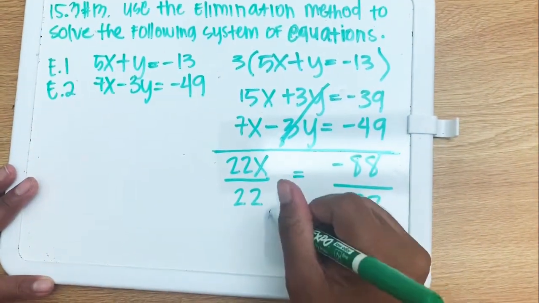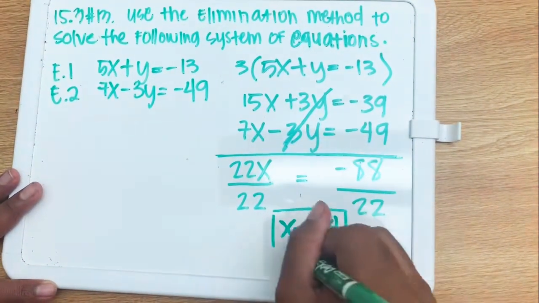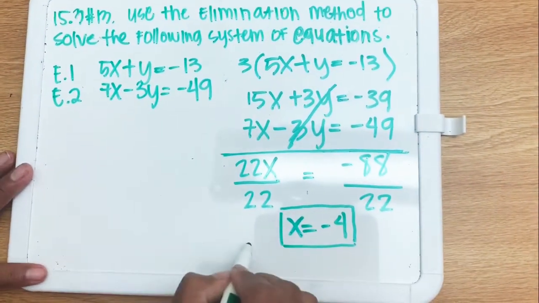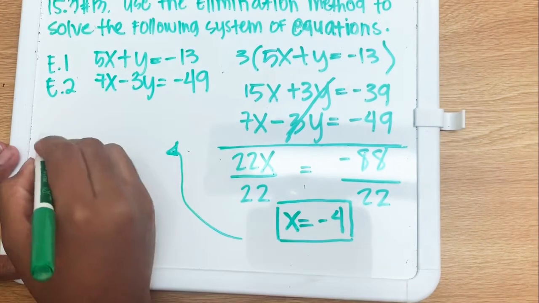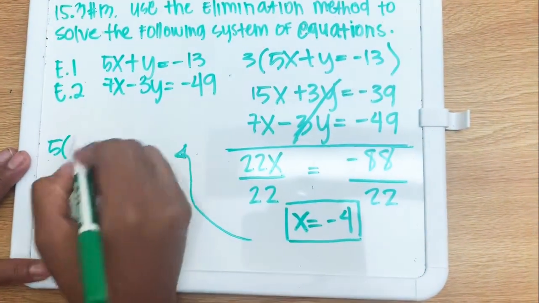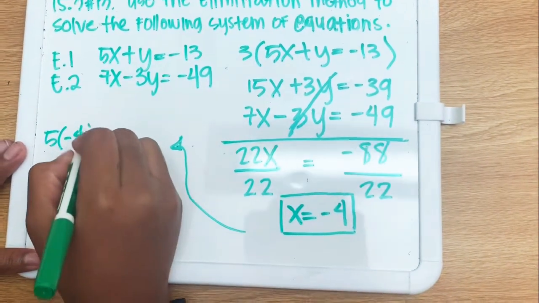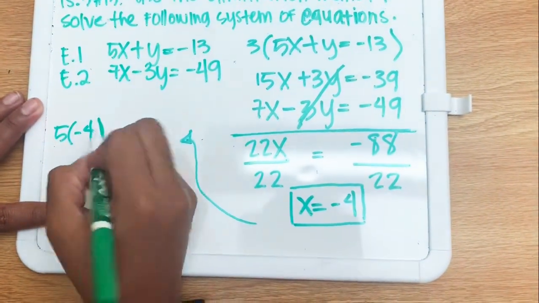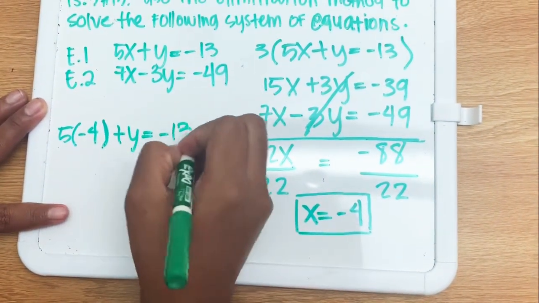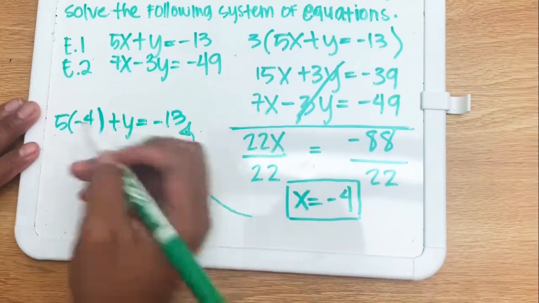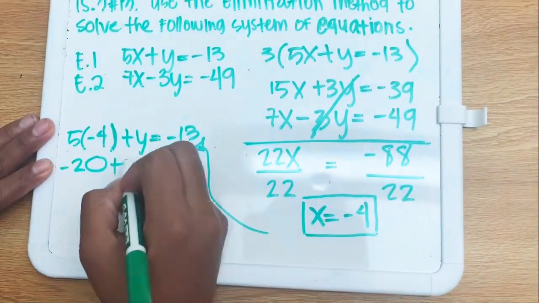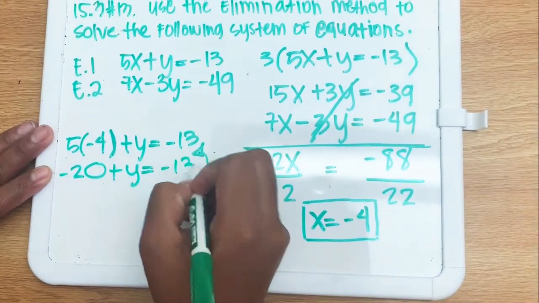Now you have to substitute x into the first equation to find y. In your first equation, you have 5x, so x equals negative 4 now. So it's 5 times negative 4 plus y equals negative 13. 5 times negative 4 equals negative 20 plus y equals negative 13.